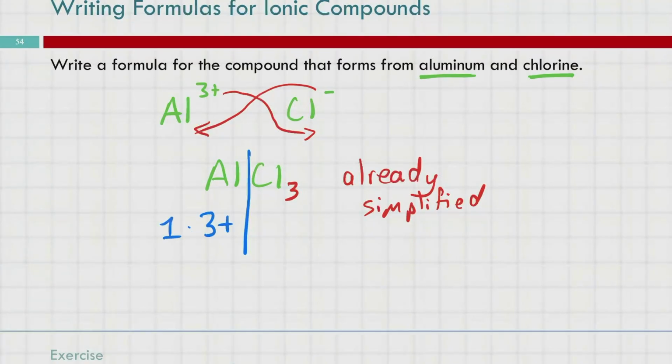It's a 3 plus charge. Our chlorine, we've got 3 of them with a 1 negative charge. So it's 3 positive, 3 negative. Those cancel out. And so this is a neutral formula, AlCl3. That would be our final formula for that compound. Questions on any of those steps?